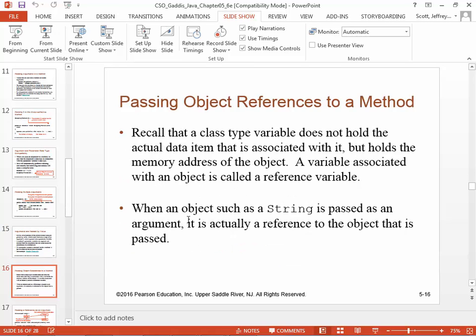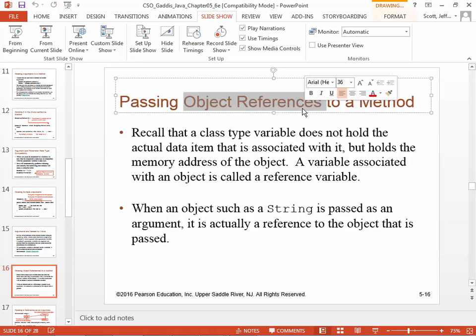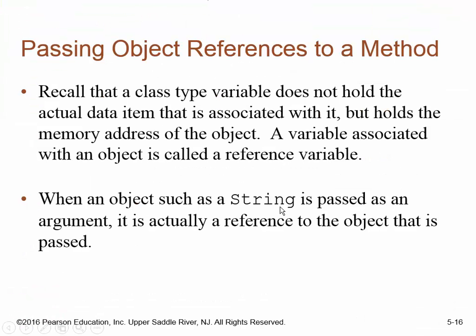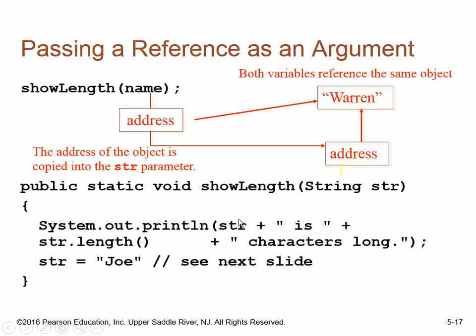On the other hand, if you pass an object to a method, you pass the address. So any change you make is a permanent change. A string, for example. If you pass a string to a method and you change the string in the method, it's a permanent change.